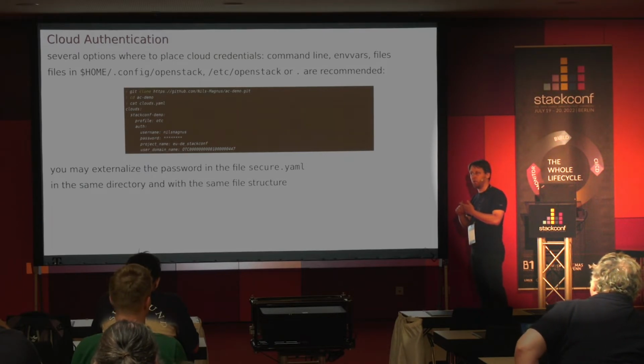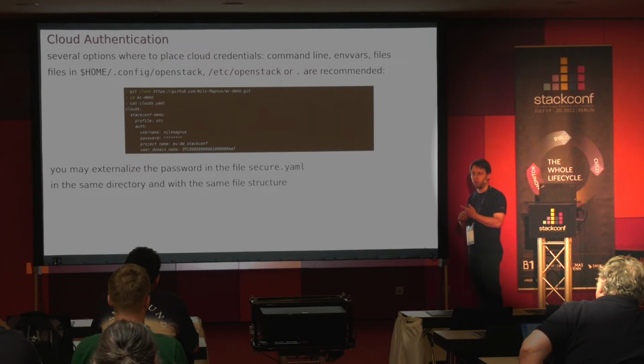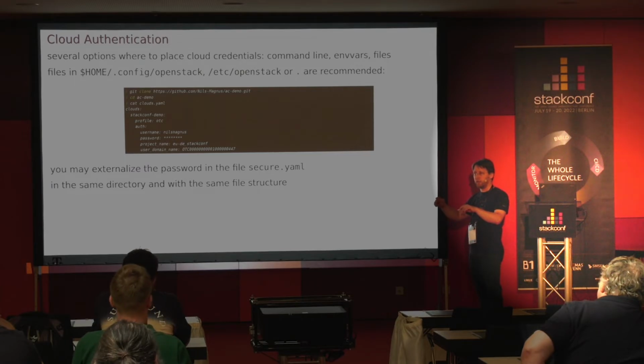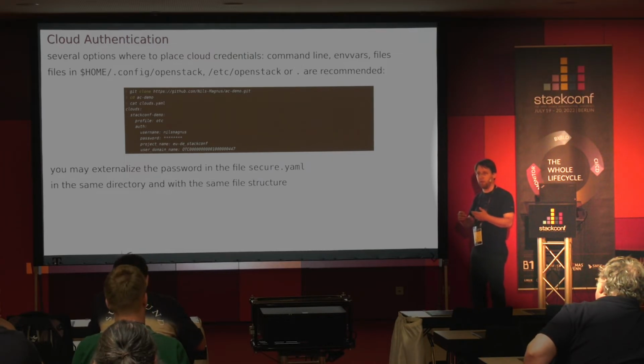But I do not recommend them because they all come with security issues. So, for example, if you type something with openstack --os-password equals my super secret password, it ends up in your shell history, for example. It can be looked up there.